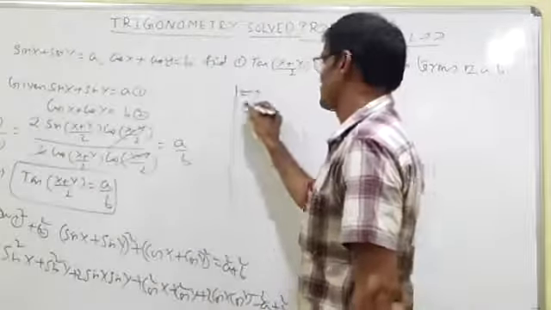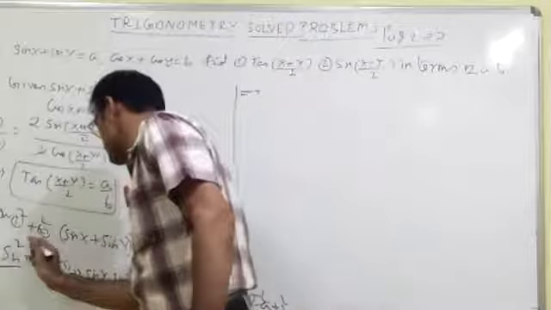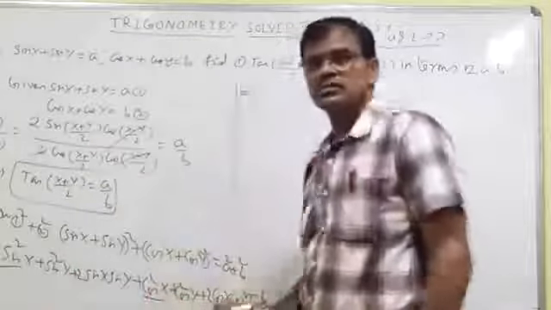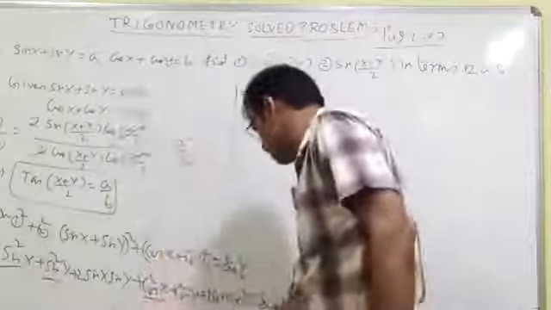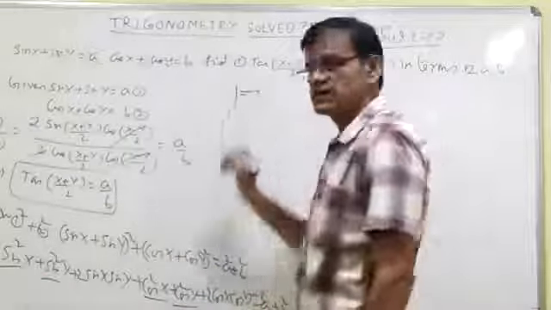That implies sin square x and cos square x can be considered as 1, and sin square y and cos square y can be considered as 1.